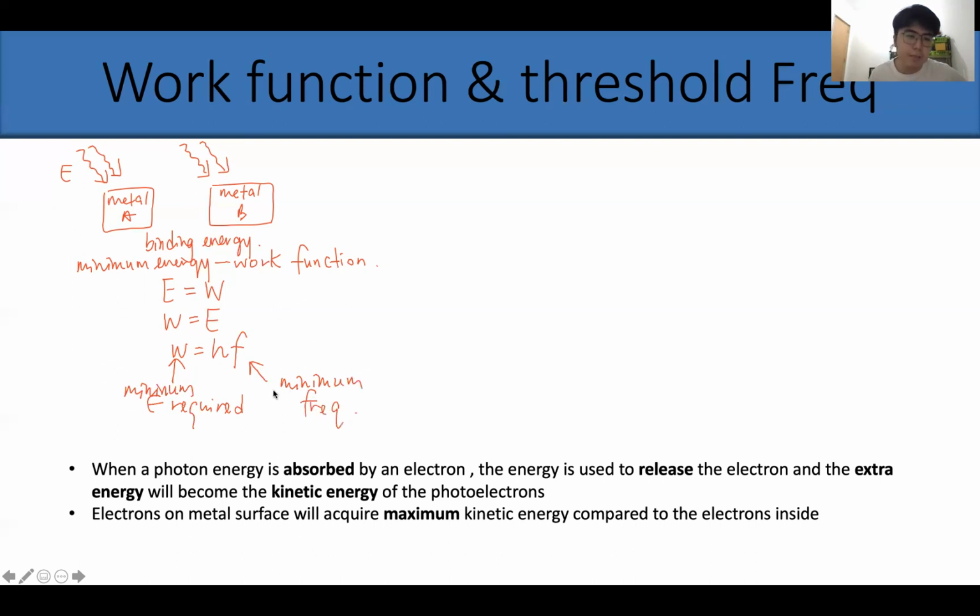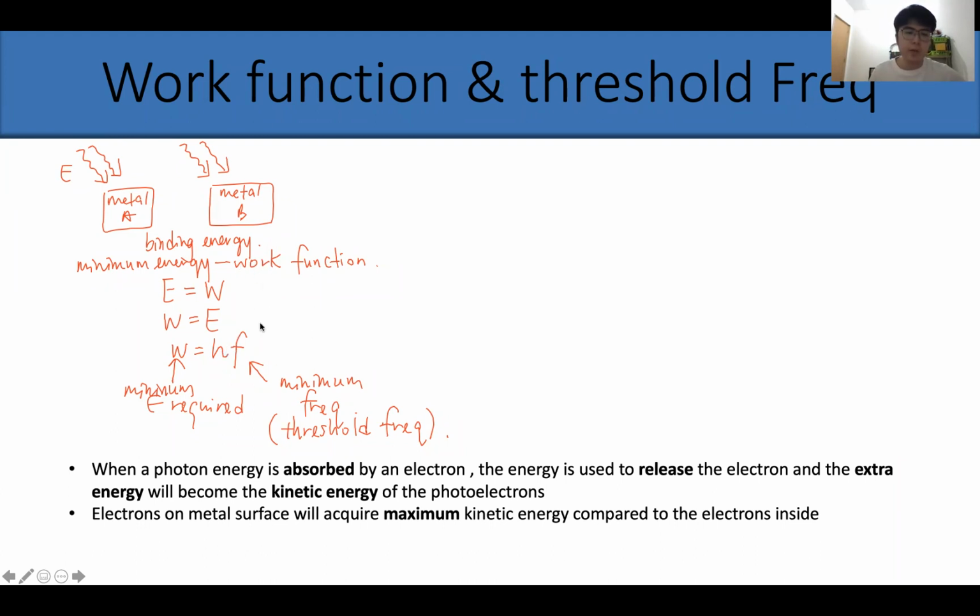Okay, so this minimum frequency, we call it the threshold frequency. So what is threshold frequency again? It is the minimum frequency of light that you need to emit the electron from the metal, to achieve this photoemission.